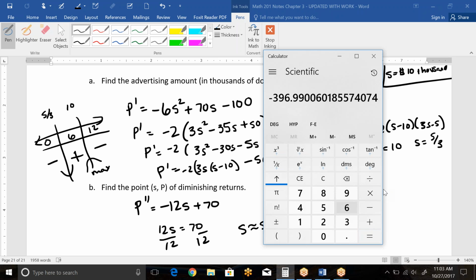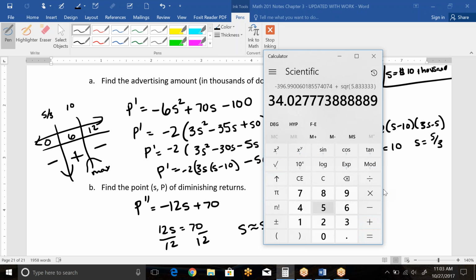And then we had plus the 5.833333 squared, and then times 35, because this is back at the original function, and then minus the 100 times the 5.833333, and then plus the 200.